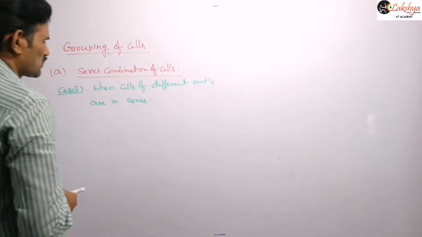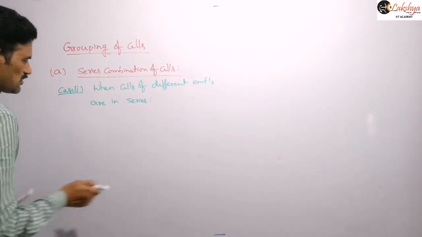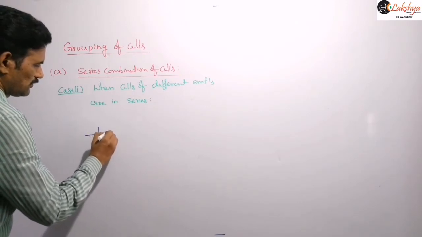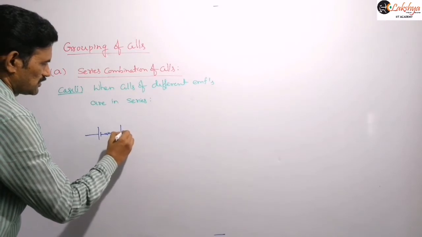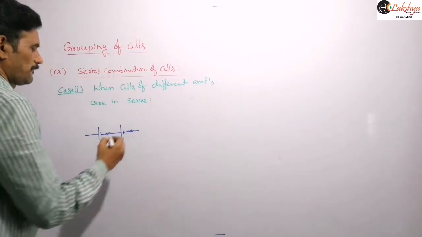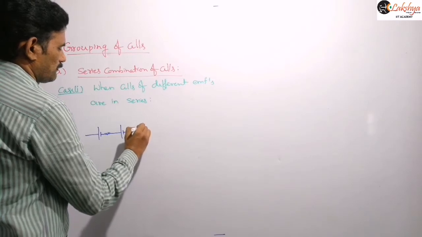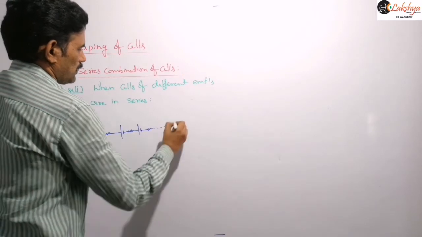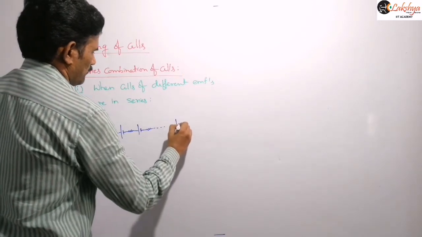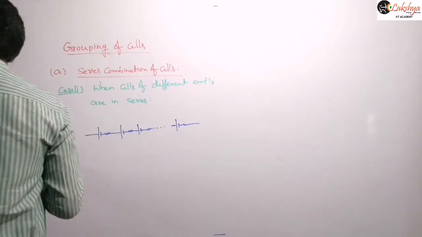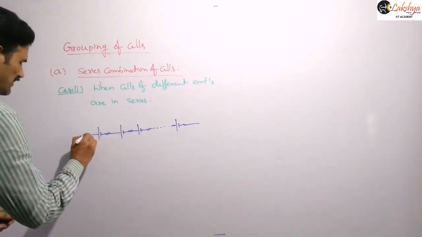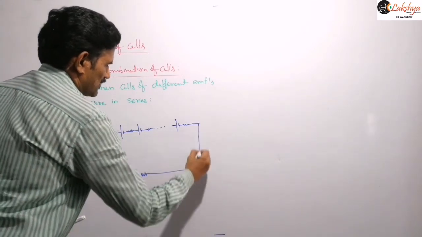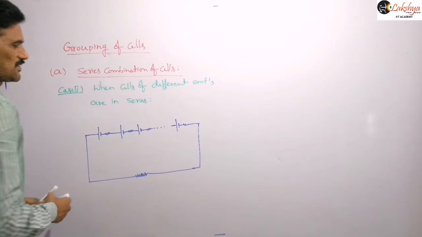And so now series combination means I can connect this as, suppose, say this is one cell, this is another cell, and so on, and another resistance is connected here, external resistance.